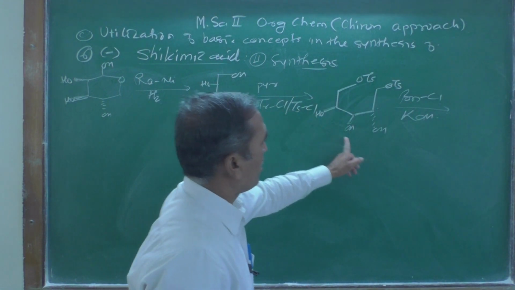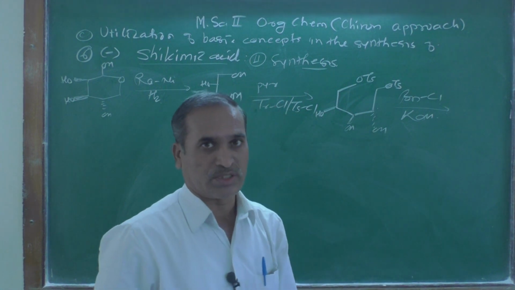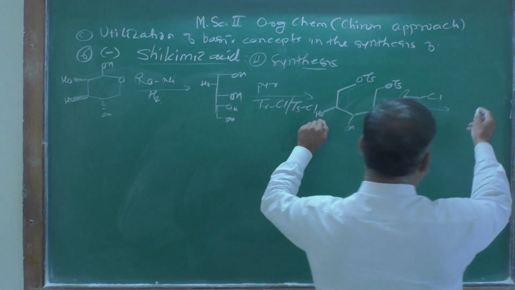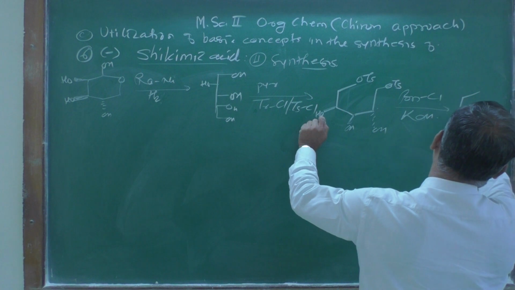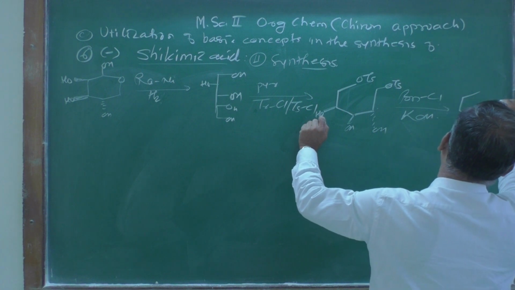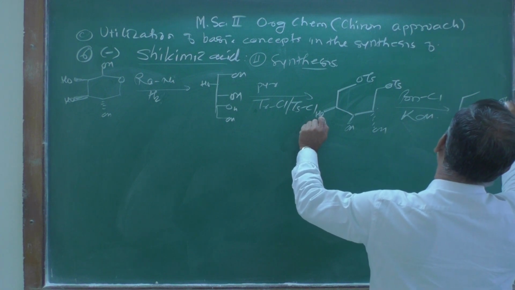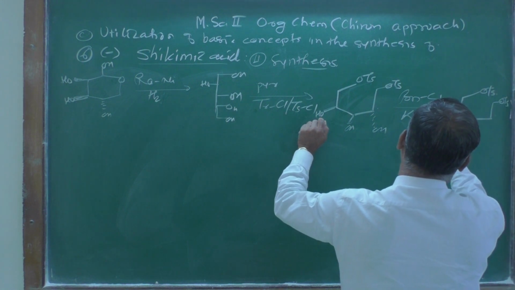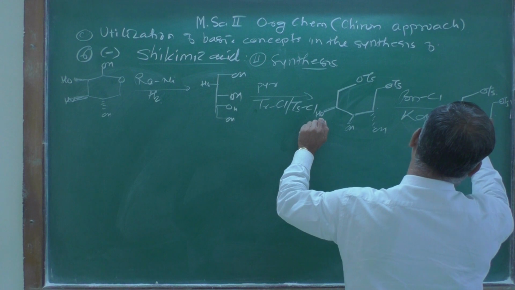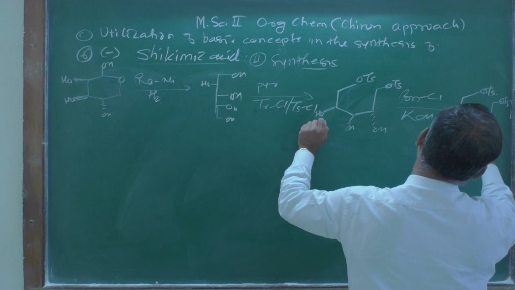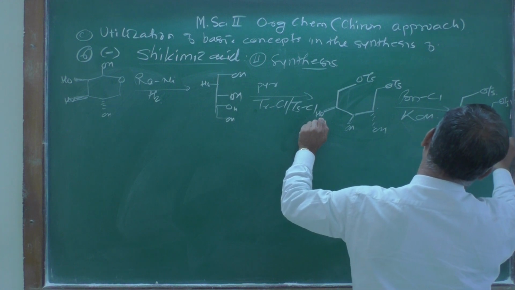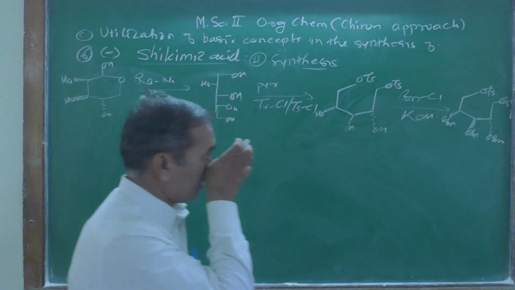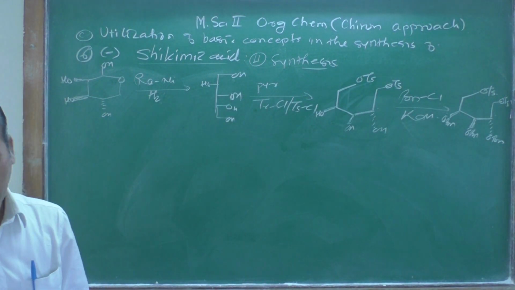What is going to happen? All these 3 hydroxy groups get protected and we are going to get the product like this, OTS, and here remains OBn, this one also OBn, and this one below the plane OBn, right? This is the product we are getting there.